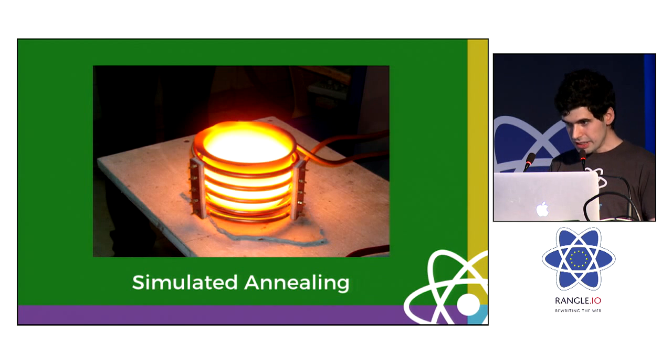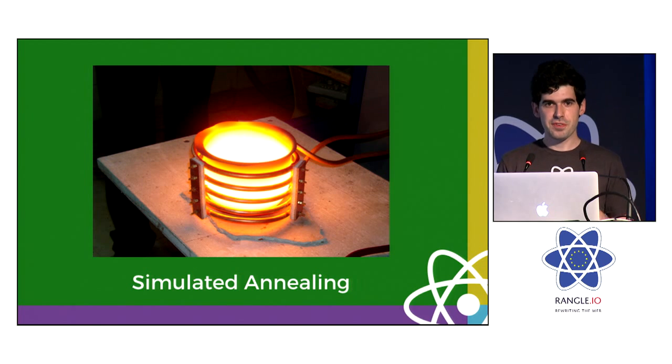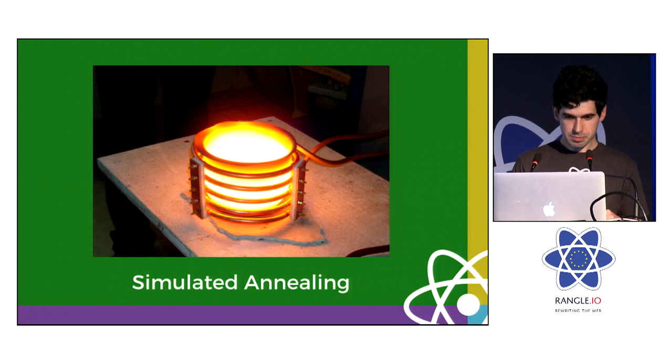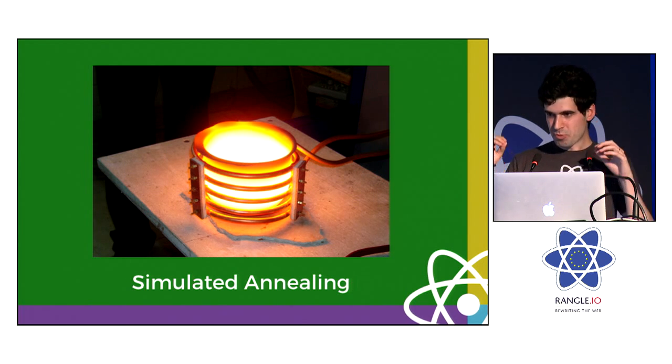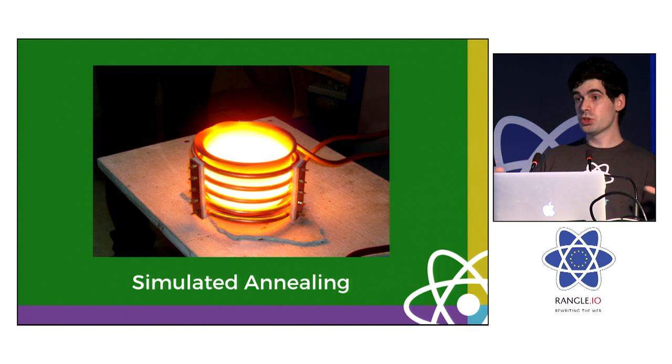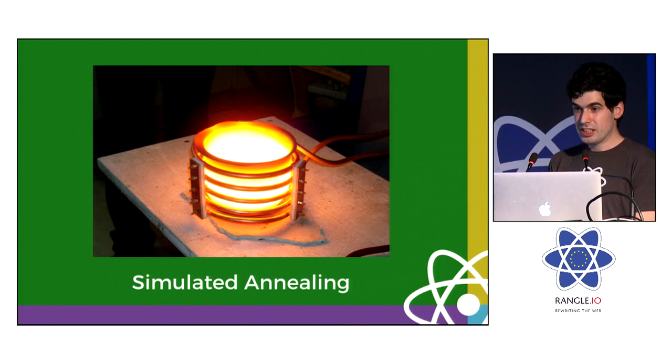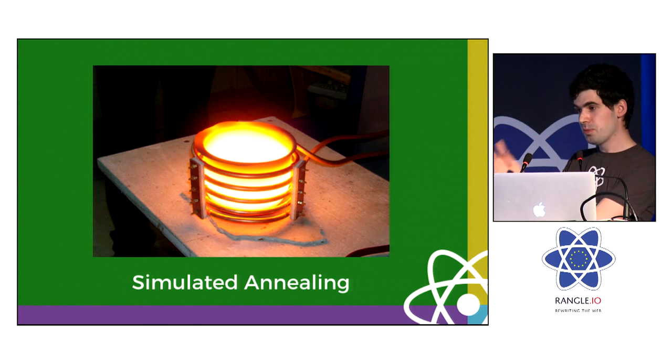I don't know if a lot of you have studied machine learning, but there's a fascinating algorithm called simulated annealing. It comes from the physical world with annealing. The way it works is, if you have a huge search space, in our case, what is the best way to implement Flux, for example, then you want to search for the best possible option.